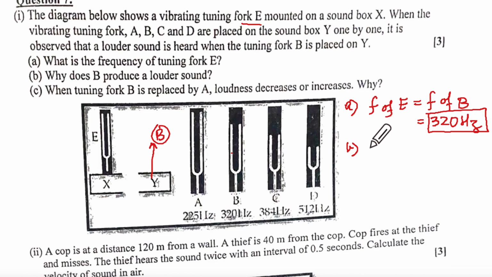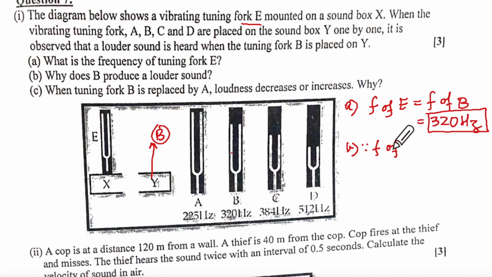So you will say, since frequency of both the tuning forks matches, no, you are not using the word matching. I have told you to always write external periodic force and the natural frequency when giving reasons of resonance. So don't write matching, and don't say since both are equal.